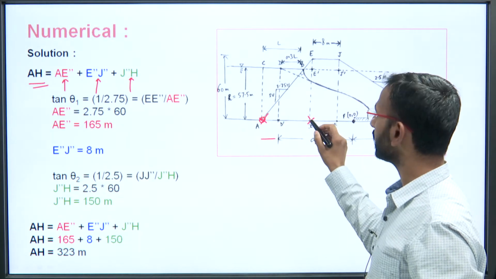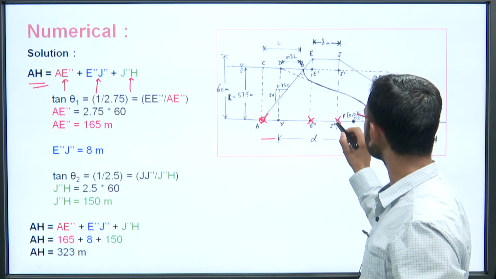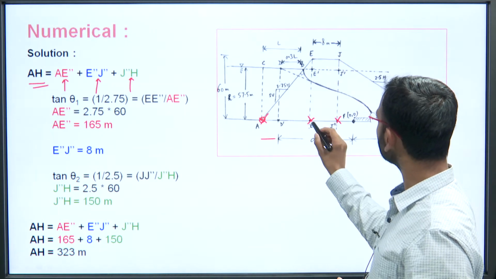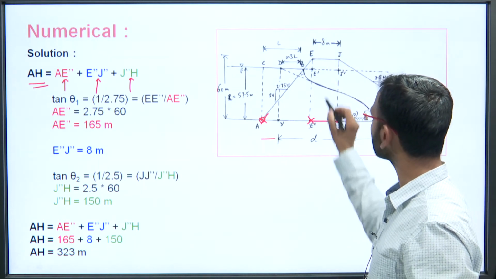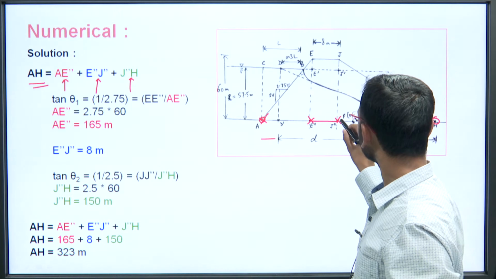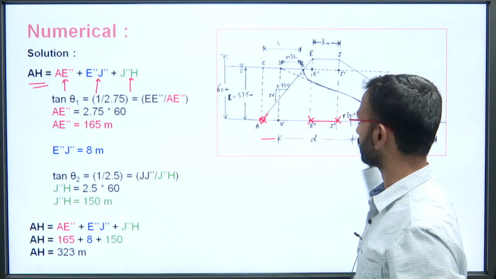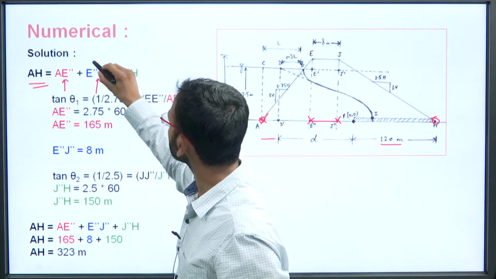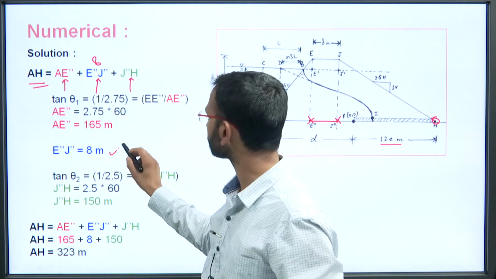Then we talk about E double dash to J dash, this thing. This is what you can easily find out, E double dash J dash is 8 meters. Now, from J double dash to H, that is the third. So, this is easily 8 meters, you can easily say this.